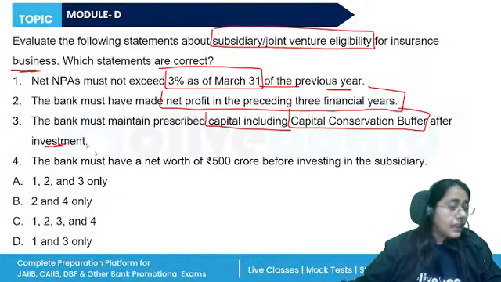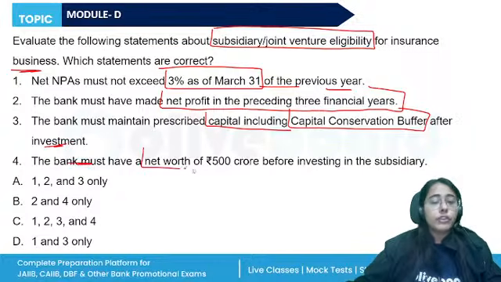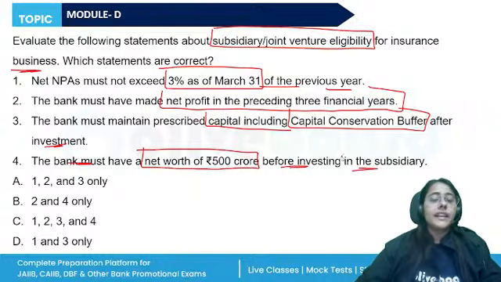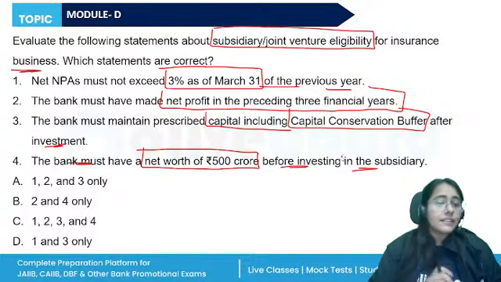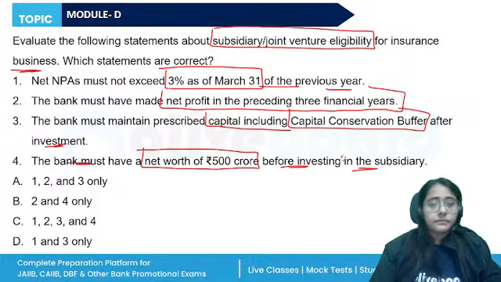After investment, the bank must have a net worth of rupees 500 crore before investing in the subsidiary. So if the bank wants to take insurance business with risk participation, they can do it only by setting up a subsidiary or a joint venture, right? So which statements are correct for doing that?